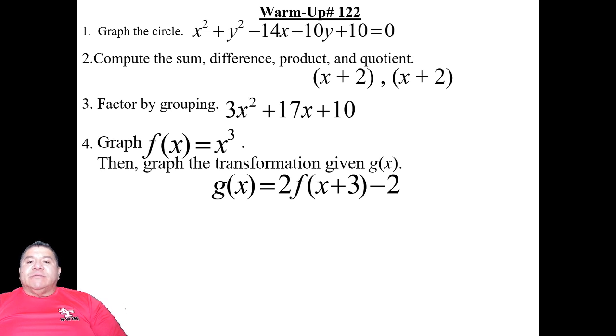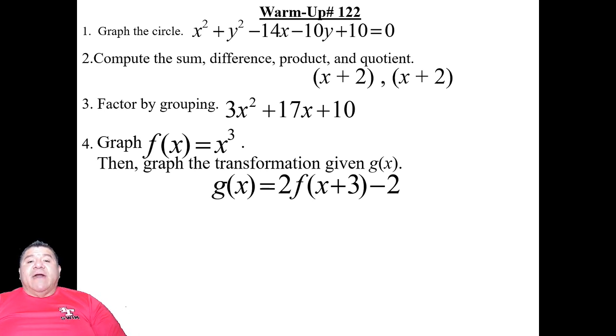Our warm-up is 122, and it reads, graph the circle. Number one, graph the circle. They give us x squared plus y squared minus 14x minus 10y plus 10 equals 0. Number two, compute the sum, difference, product, and quotient of x plus 2 and x plus 2.